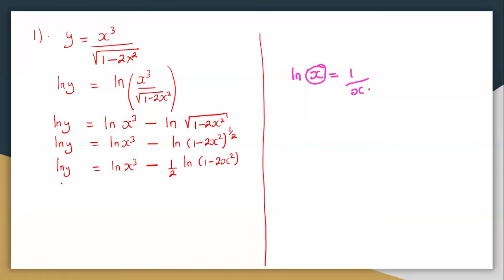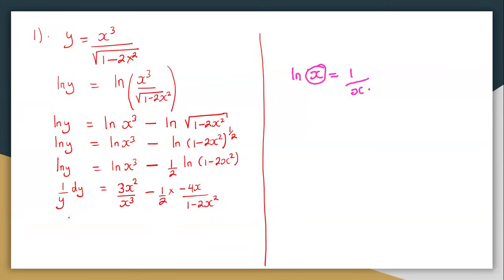So here we shall have 1 over y dy is equal to, when we differentiate this, we shall end up with 3x squared, everything divided by x cubed, minus a half. Then I differentiate what I have inside. This one is going to give us the negative of 4x divided by 1 minus 2x squared.